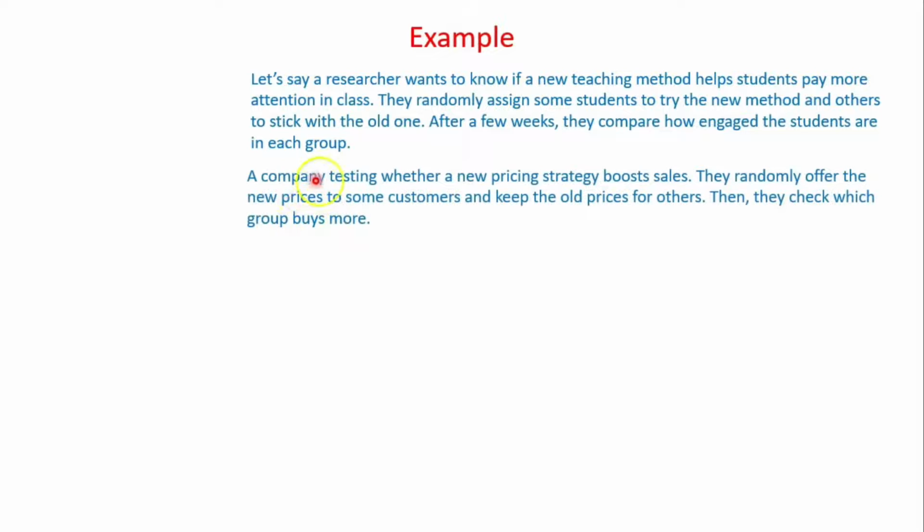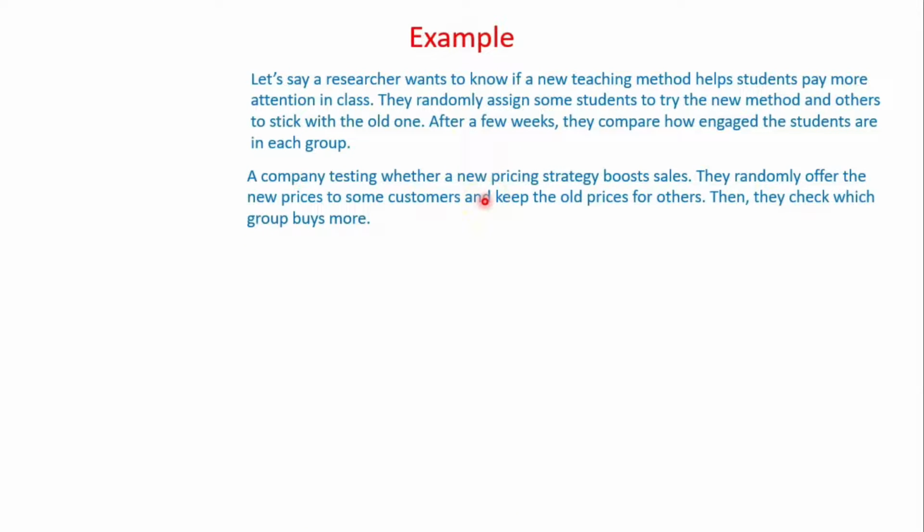Another example is a company testing whether a new pricing strategy boosts sales. So we want to know whether a new pricing strategy will boost our sales, will increase our sales level. You see. So we randomly offer the new prices to some customers and keep the old prices for other customers. We've divided our customers into groups.